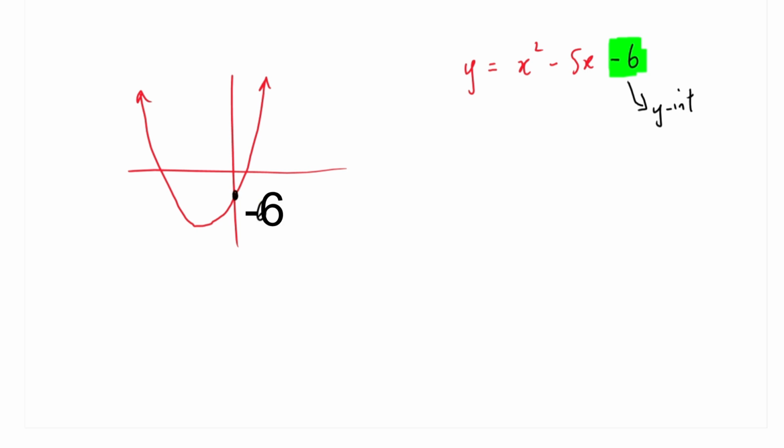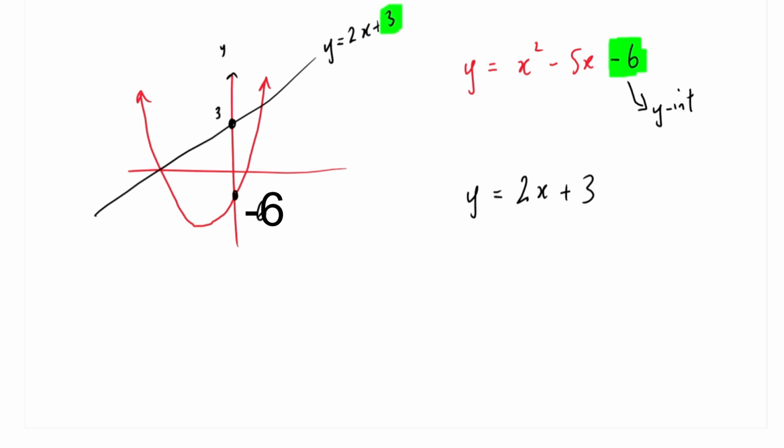It might seem obvious, but it's also true for straight line equations. So if I have a straight line equation that's 2x plus 3, maybe a graph that looks like this here, y is equal to 2x plus 3, then this point that cuts your y-axis is going to be 3. So the constant in your equation is your y-intercept.